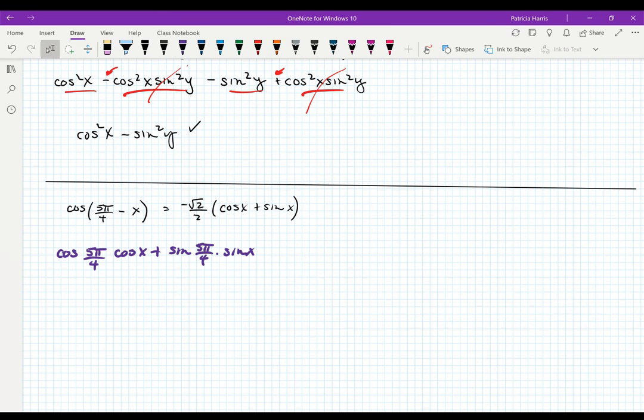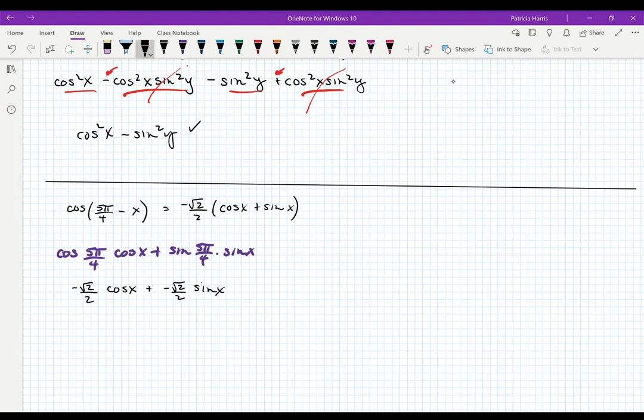So consulting your unit circle or your calculator, what the heck is cosine of 5 pi over 4? That would be negative radical 2 over 2, times cosine x plus, then again, negative radical 2 over 2 sine x.